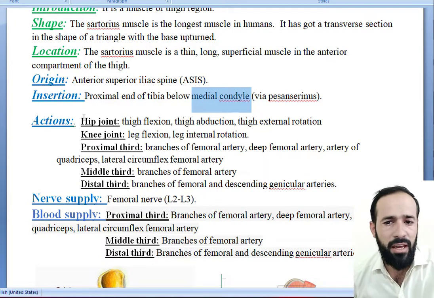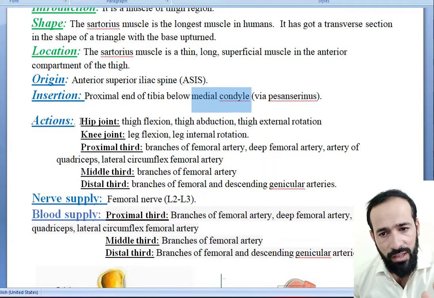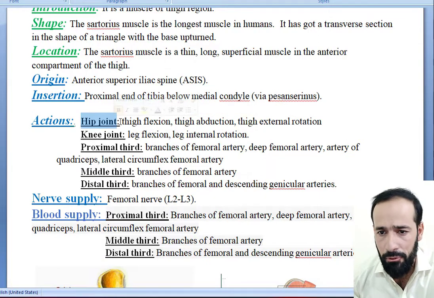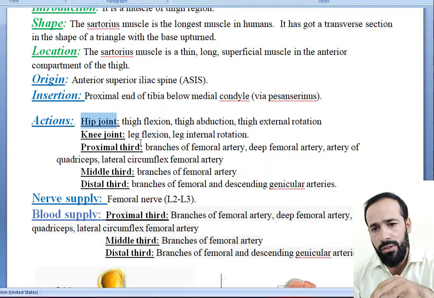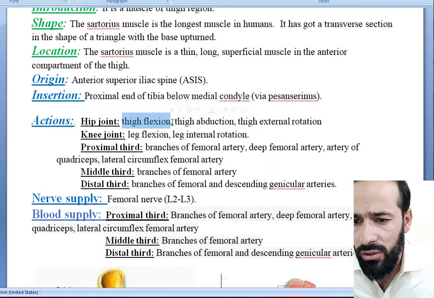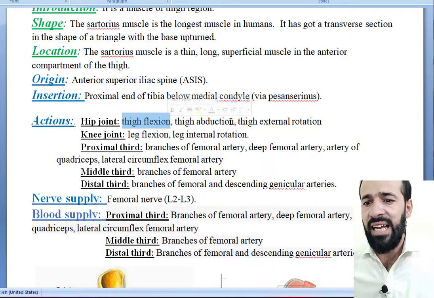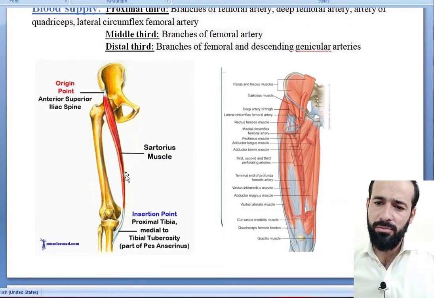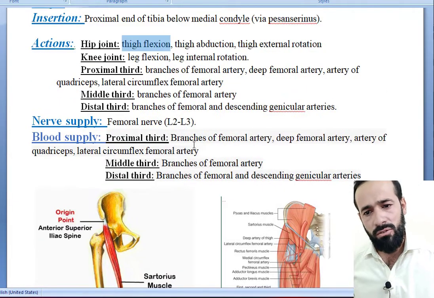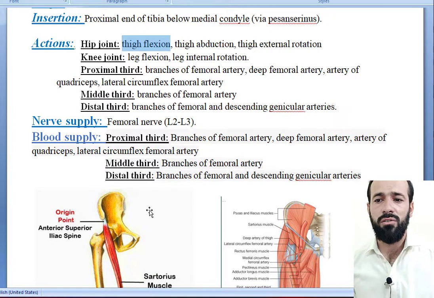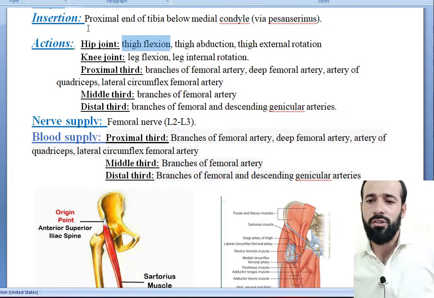What are its actions? Its actions are divided across different regions. First of all, in the hip region, what will it do? It will cause thigh flexion, thigh abduction, and thigh external rotation. Whenever this muscle contracts, it causes thigh flexion and thigh abduction, and it also causes thigh external rotation.